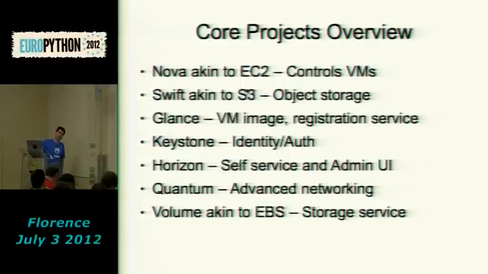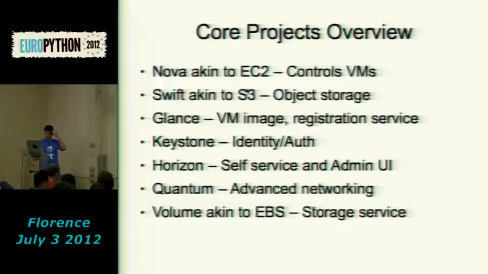Quantum is the networking service. So all these services, but Nova is the central one. So that's where everything falls out of. It's all centered around controlling the hypervisors. And so as the project evolves, things tend to be abstracted out of the Nova service.